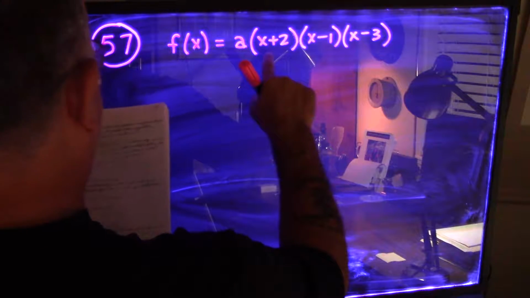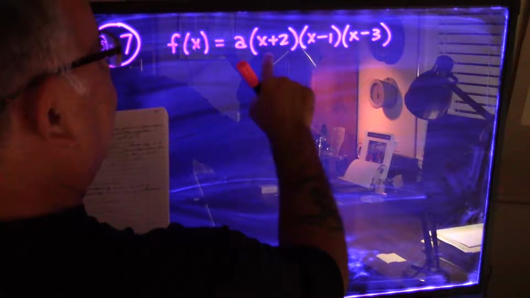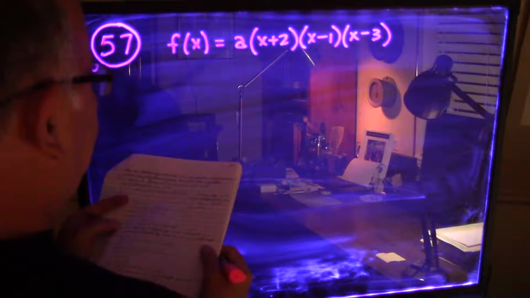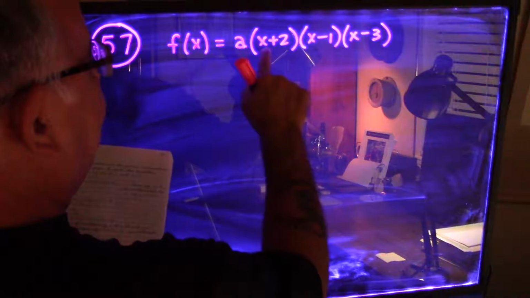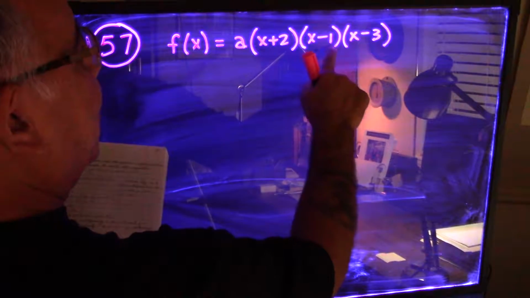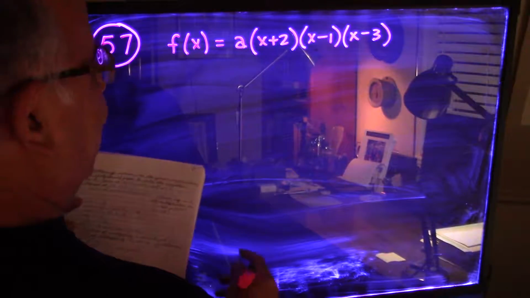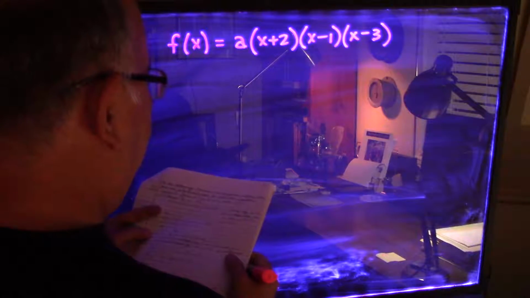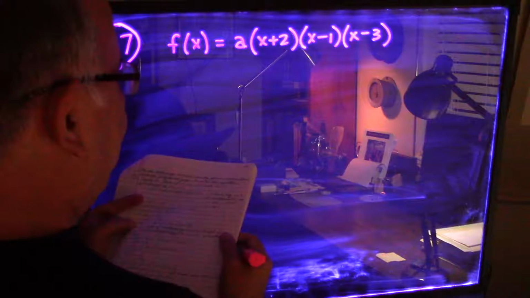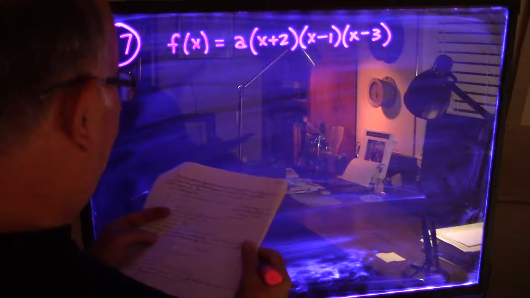These come from the roots. Root x equals negative 2, x equals 1, x equals 3. All right, so notice that if you plug in the roots, when you add these numbers to them, you get a 0. All right, that's what you want. And so you get, since the degree is 3, the multiplicities are 1, you get that on page 244.